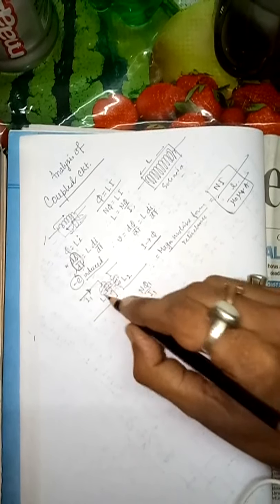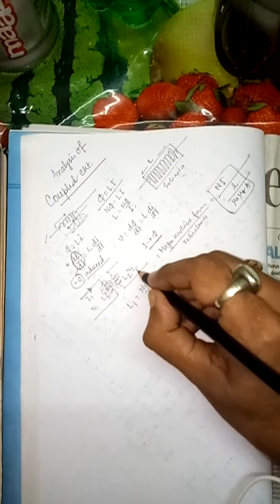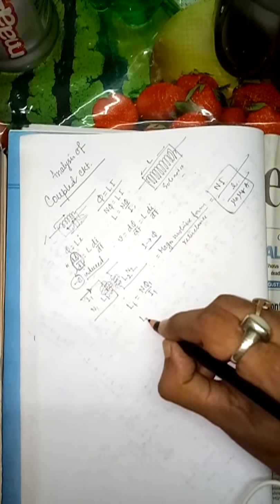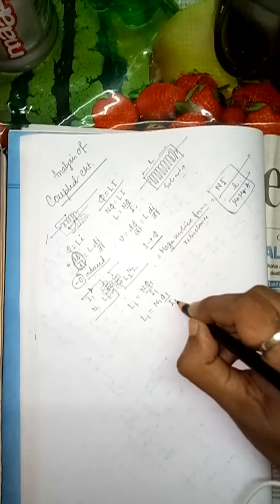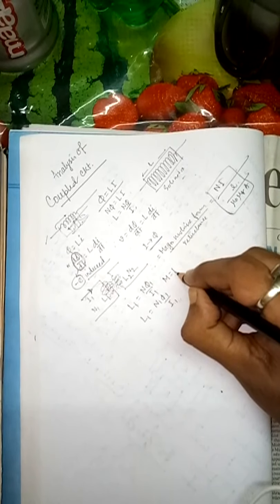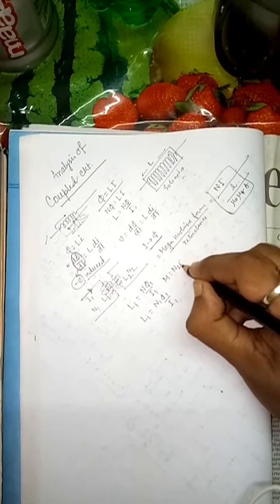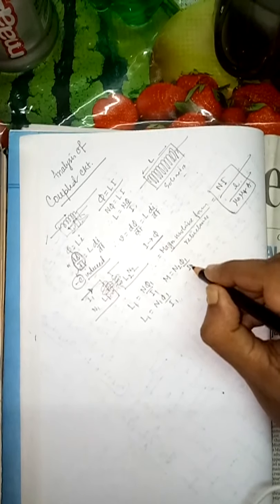But if the turns of the first coil is N1 and the second coil is N2, so you can write, truly, L1 equals N1 phi 1 by I1. Now due to the flux linkage, what is the mutual inductance created? If it is noted as M, so M equals N2 phi 1 by I1 in terms of the second coil.